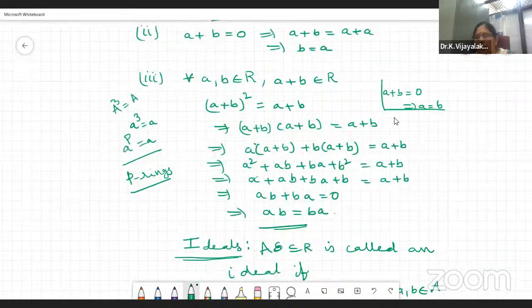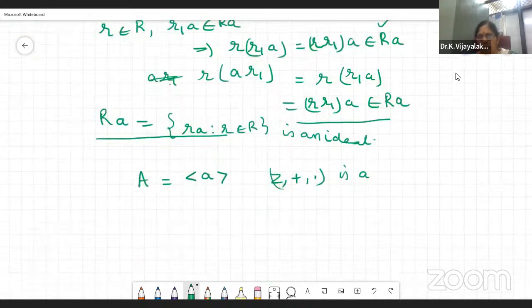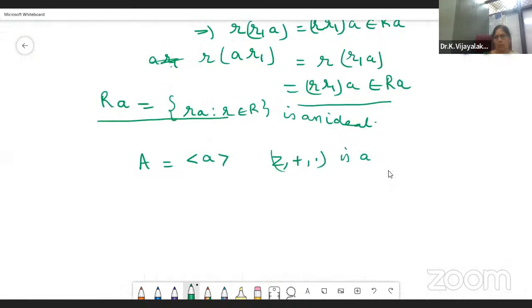All these are very important concepts to learn commutative algebra. So you have Z plus dot is a principal ideal ring.